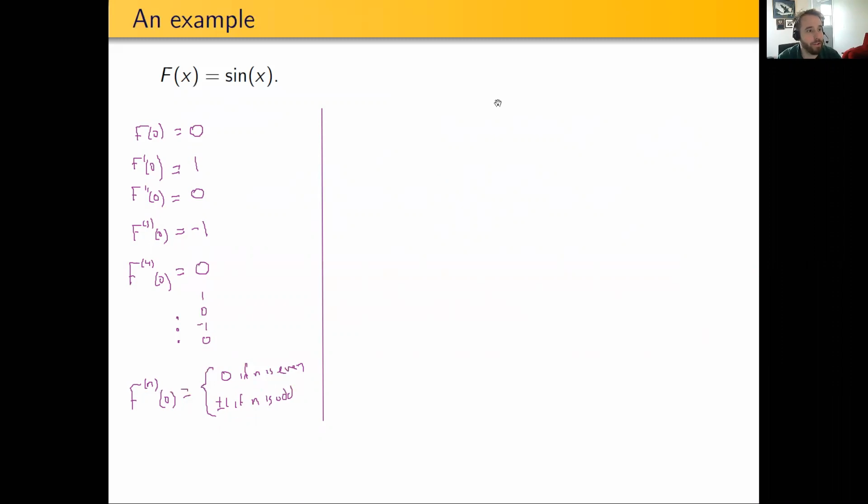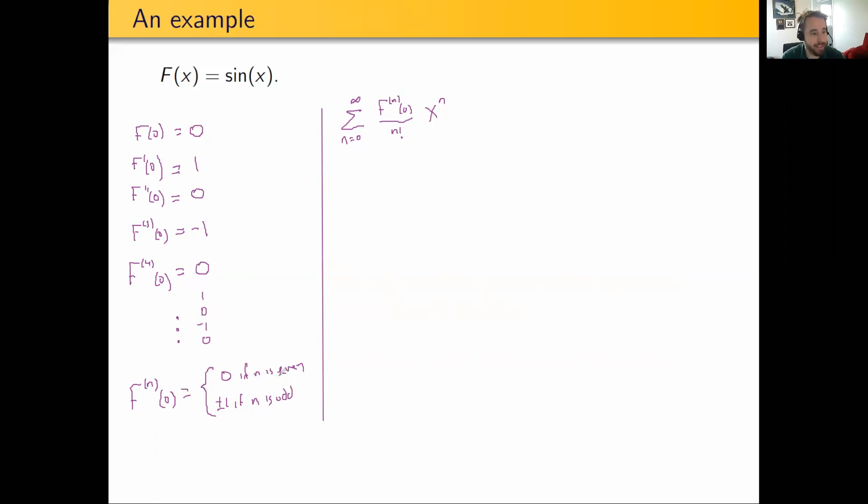Under this formula, our Maclaurin series would be the sum as n goes from 0 to infinity of f^(n) of 0 divided by n factorial times x to the n. Now, I think what we want to do here, to make this slightly more precise, is be a little clever in how we are indexing these values.